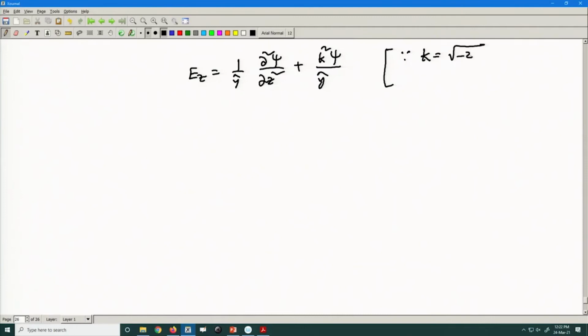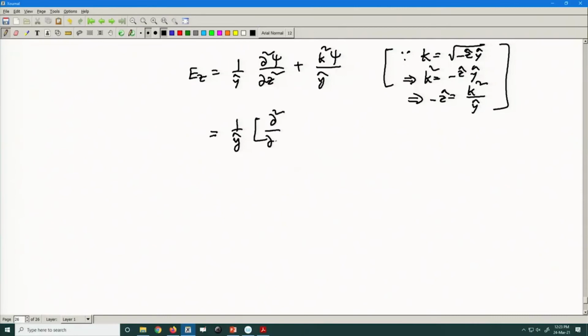Since k is equal to minus z cap y cap, which means k square is minus z cap y cap, and which means minus z cap equal to k square by y. So, E z becomes equal to 1 by y cap (del square by del z square plus k square) psi.